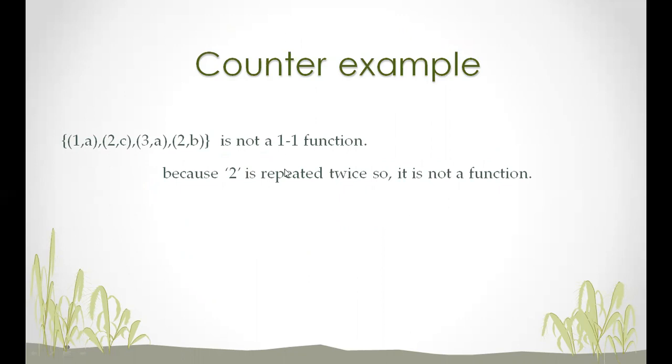Counter examples have great importance when we study something new, because when we see a counter example, it shows how well and to what extent we have learned the definition and studied it.